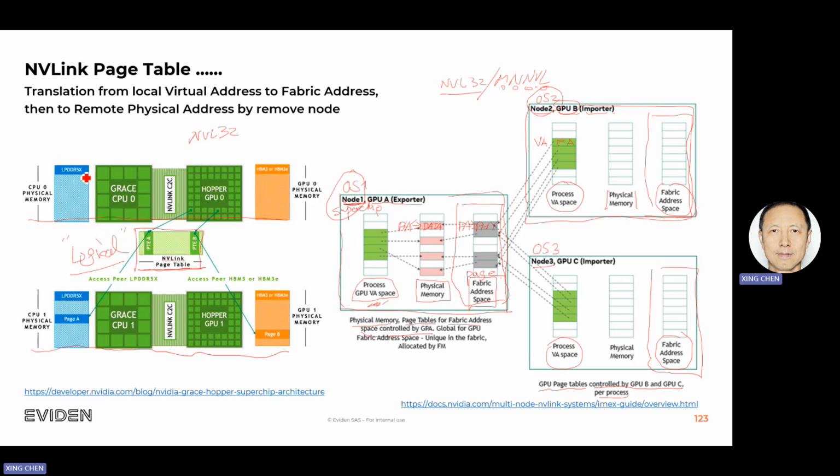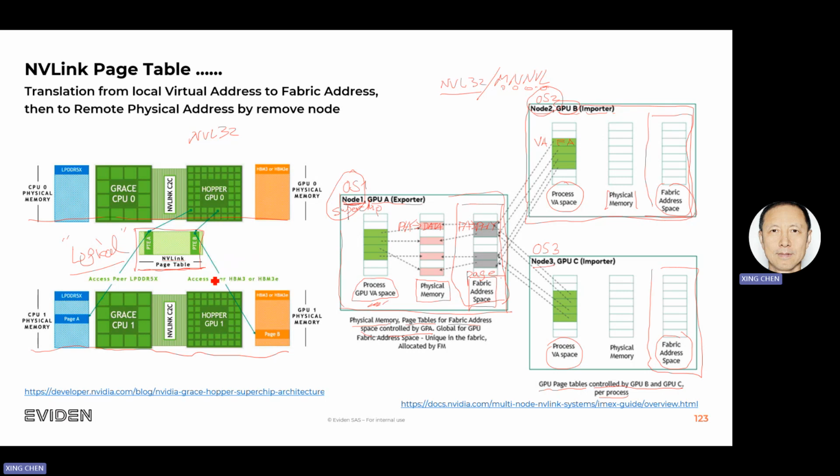So again, the NVLink page table is a concept to describe the idea. It is a logical object. It doesn't exist physically somewhere. If you think there is a logical NVLink page table, that's going to make things easier conceptually.